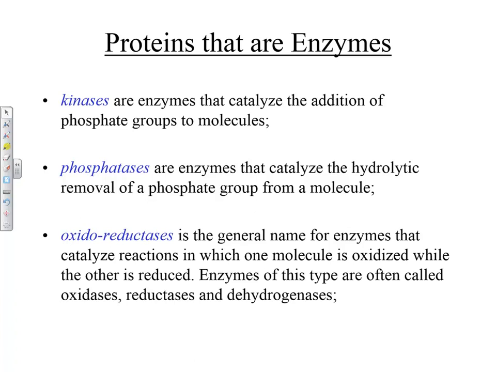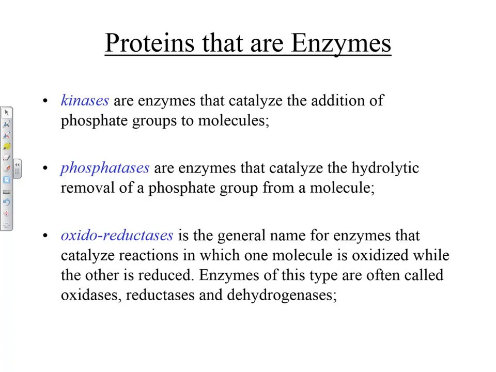So that's why kinases and phosphatases play a very important role in eukaryotic cells. In fact, in our cells, the control of cell division is basically carried out by kinases and phosphatases. There are different kinases that will add a phosphate group to something and that will get the reaction started.